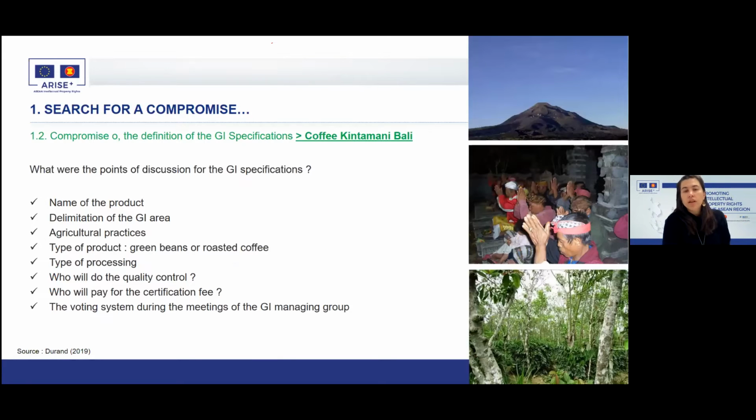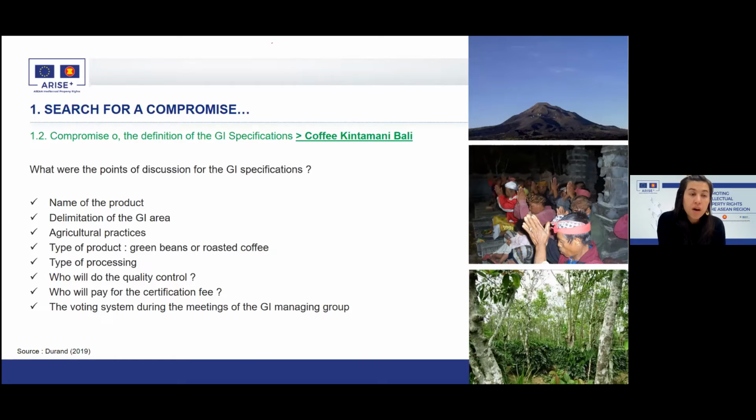Again, for Kintamani Bali coffee, the points of negotiations during the producers' meeting were very numerous. The local actors discussed mainly about all these points, but others were also discussed that I did not put in the presentation.